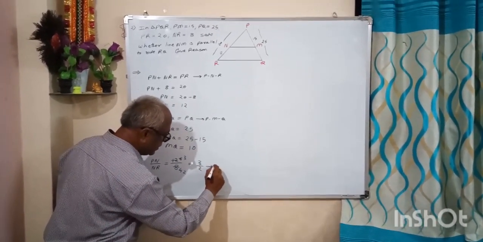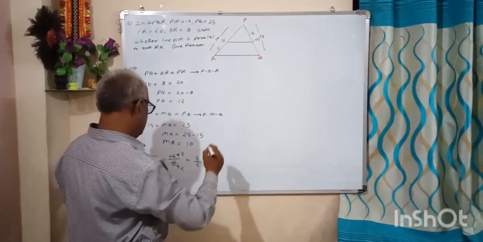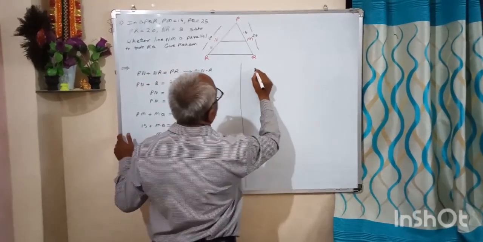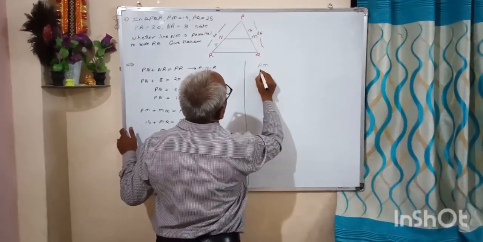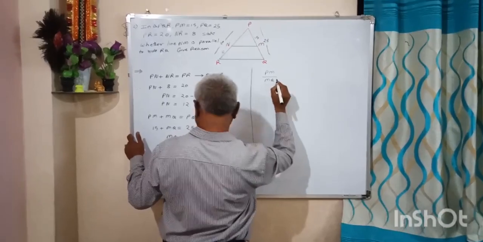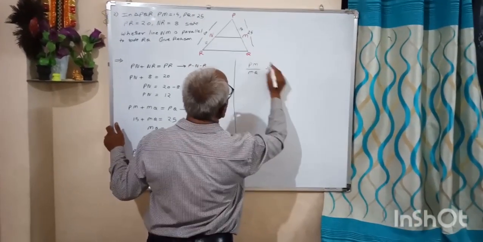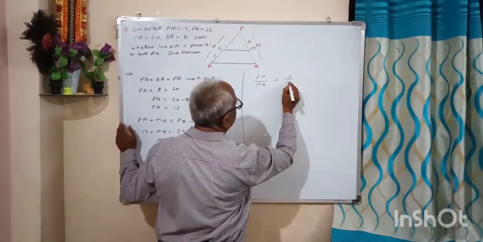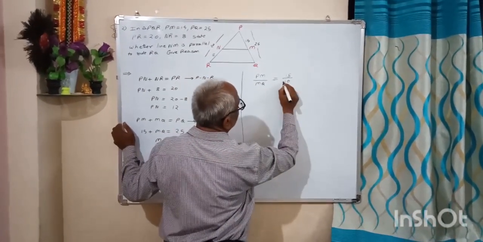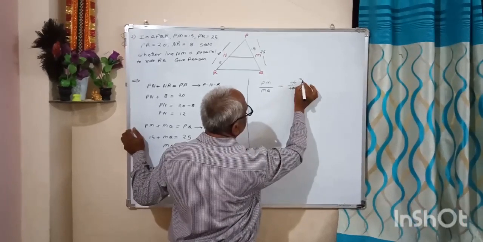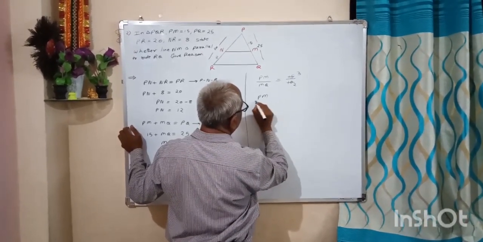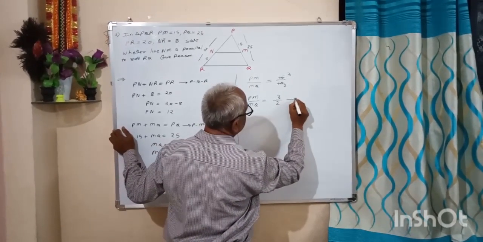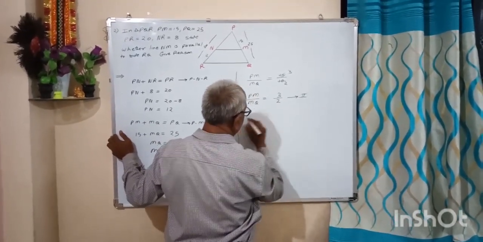This is equation number 1. Now, PM upon MQ is equal to PM is 15, MQ you have calculated, that is 10. 5 2s are 10, 5 3s are 15. Therefore, PM upon MQ is equal to 3 upon 2. This is equation number 2.